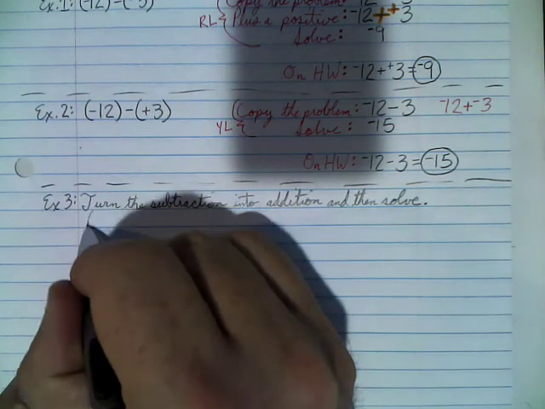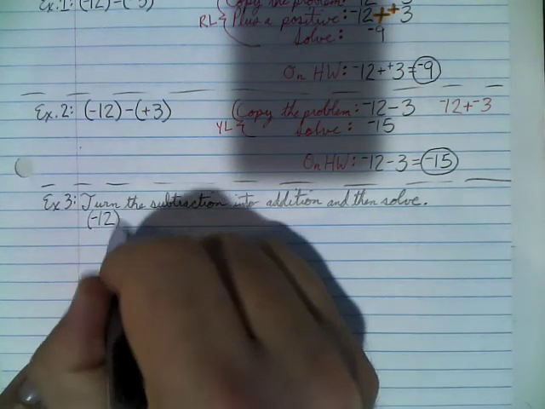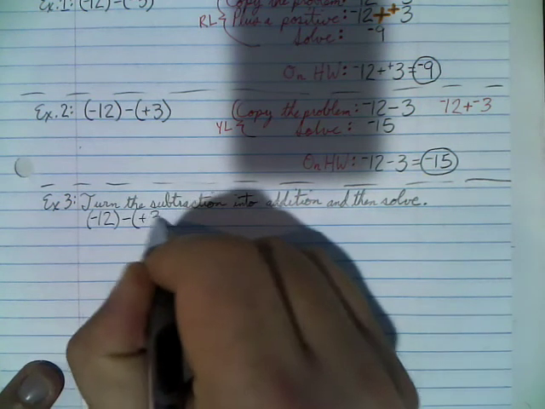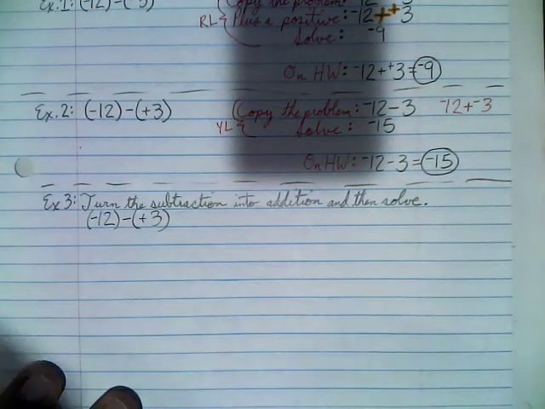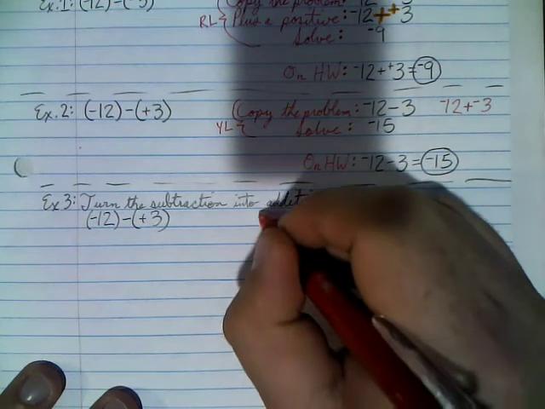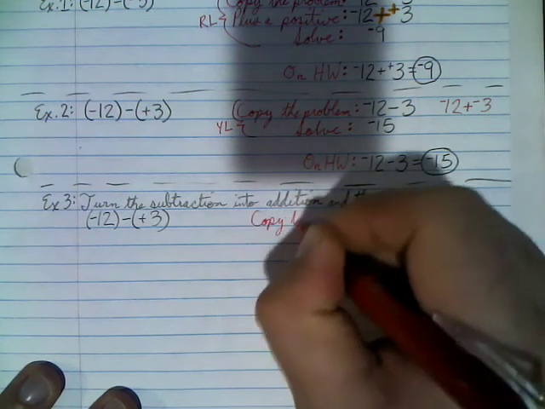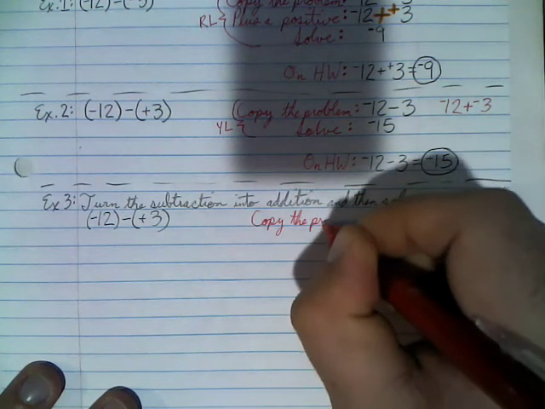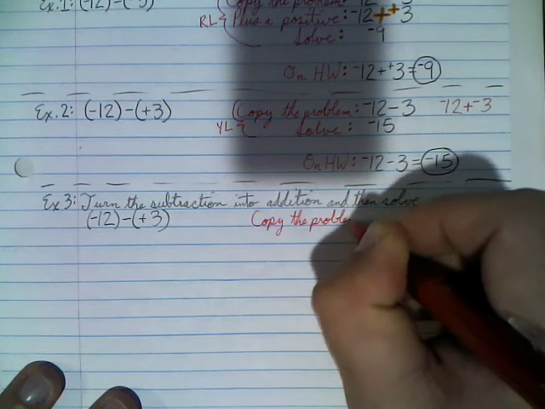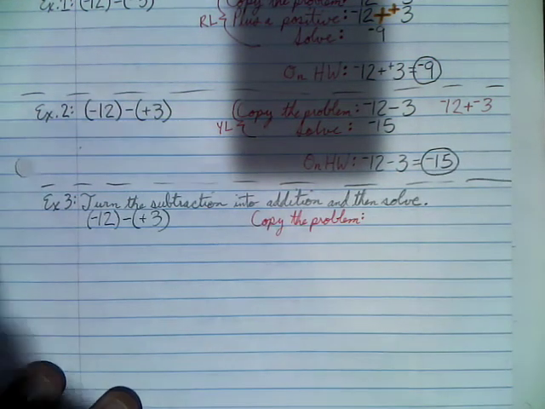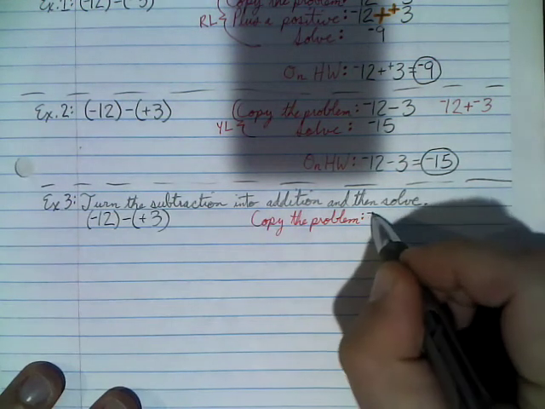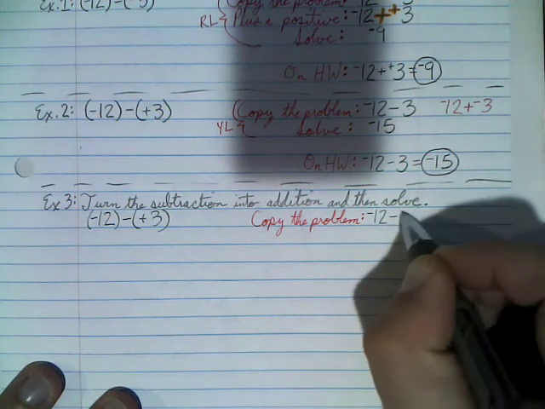And let's redo this last problem. Negative 12 minus positive 3. In this case, I'm still going to copy the problem. And I would copy it just as we copied it before, negative 12 minus 3.